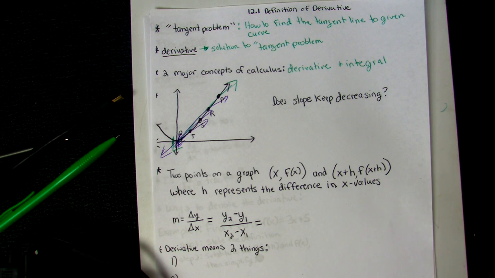And what happens is that the slope kept decreasing, so it's approaching a number. However, it's not going to keep decreasing. Eventually, it's going to reach a limit. So it's going to stop at a point called the limit. So does the slope keep decreasing?